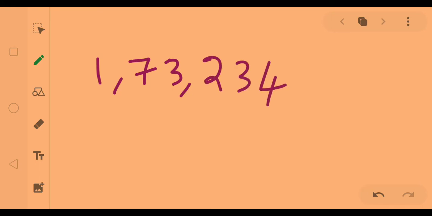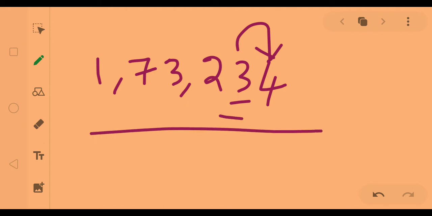Let's look at one last example: 1,73,234. We are rounding this large number to the nearest 10. So underline the tens place, then move back to the previous place digit, which is 4. If the digits are 0, 1, 2, 3, 4, the underlined digit, the tens place digit, will remain the same. So we are not adding 1 here.